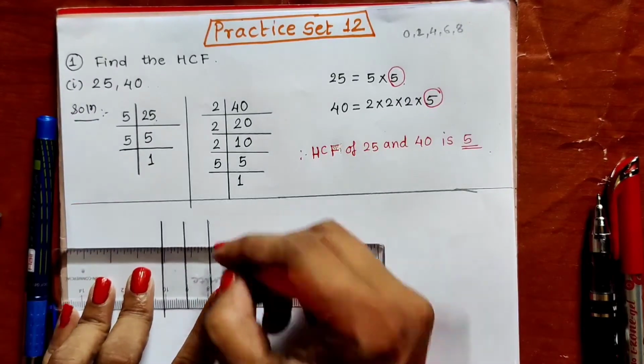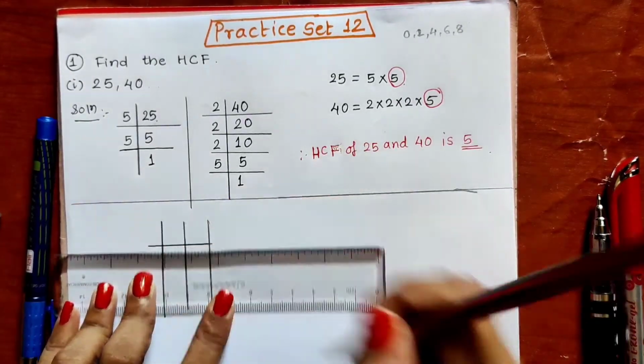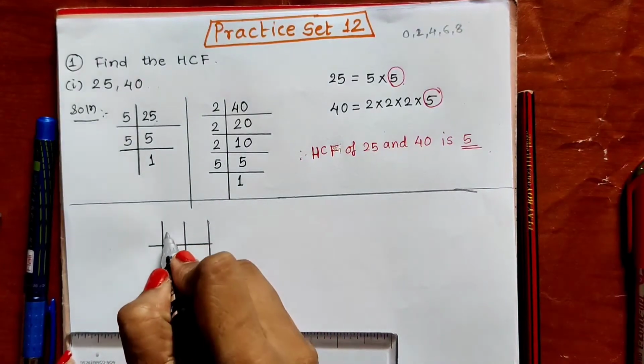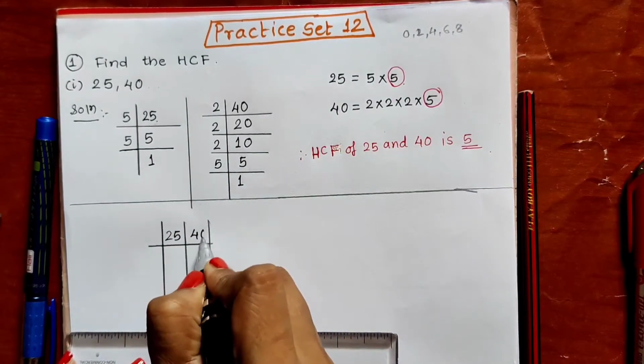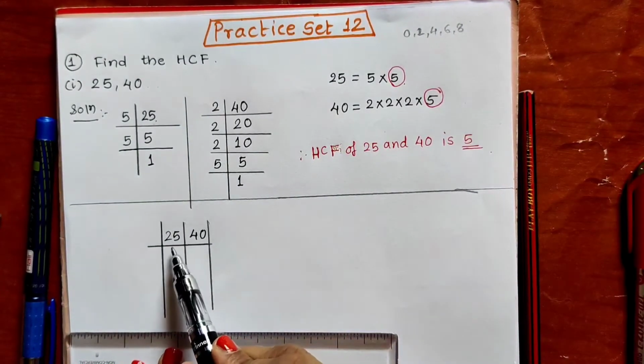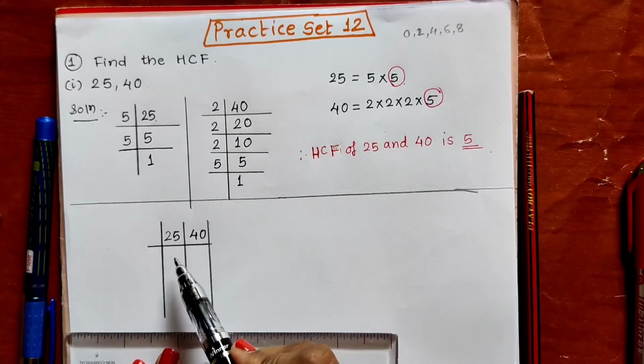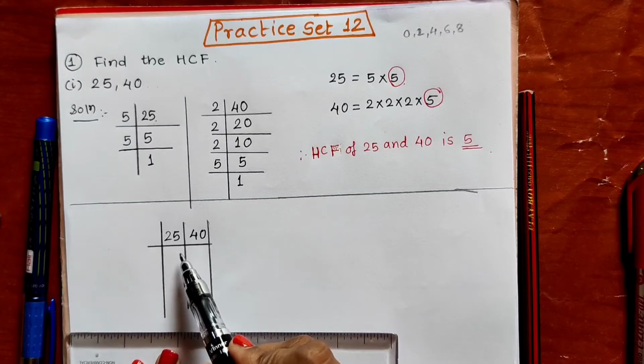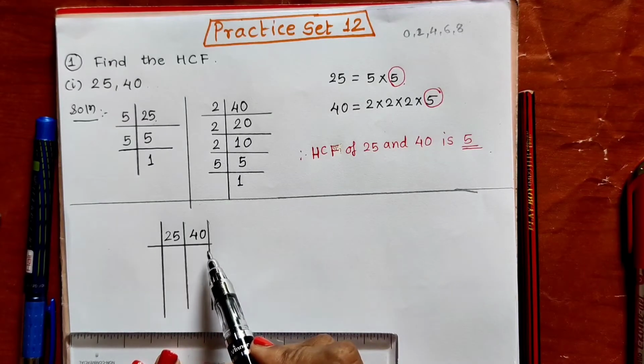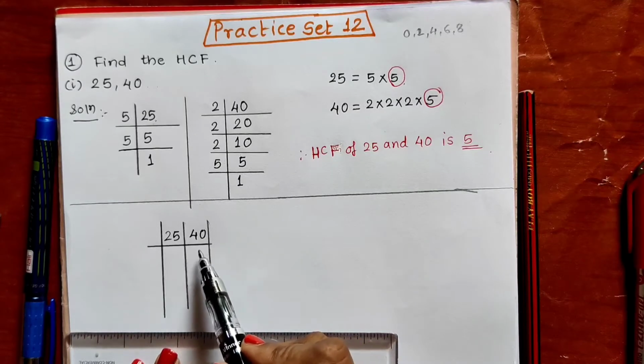Okay, so first we can write both these numbers 25 as well as 40. Now we have to check by which common number both numbers are divisible. That means 25 is divisible by 5 and 40 is also divisible by 5. We have to find a common number by which these two numbers are divisible.